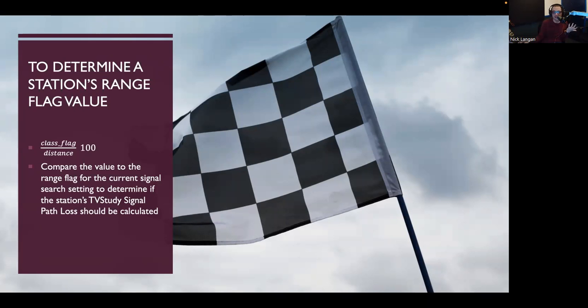If it meets it, we calculate the signal path loss. If it doesn't, it's not considered. By and large, with some edge cases that I've had to tweak here or there, that's worked very well. And we've been able to use that to meet those responsiveness benchmarks. I feel happy that we haven't had to compromise on that sort of thing.